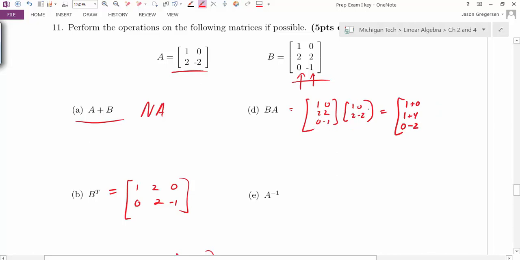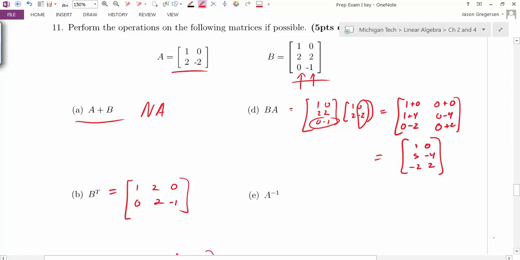I do that same operation for this next column. I will get 0 plus 0, then 0 minus 4, and lastly 0 plus 2. And this should simplify to 1, 0, 5, negative 4, negative 2, and 2.